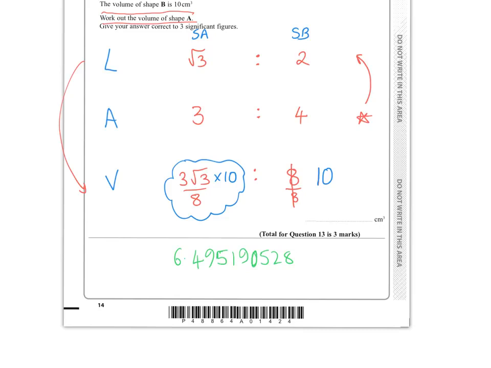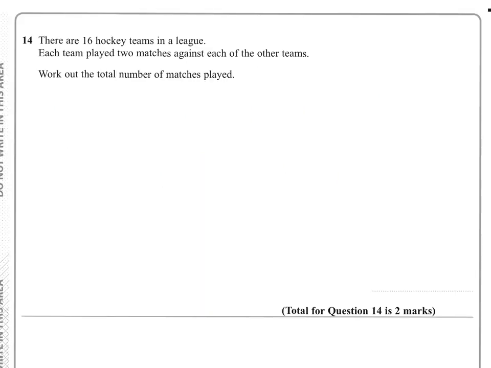And we want it to 3 significant figures. So this 5 here rounds to 9, and we're going to get 6.50 to 3 significant figures. But what do we have? The units are centimetre cubes. So I get 6.50.